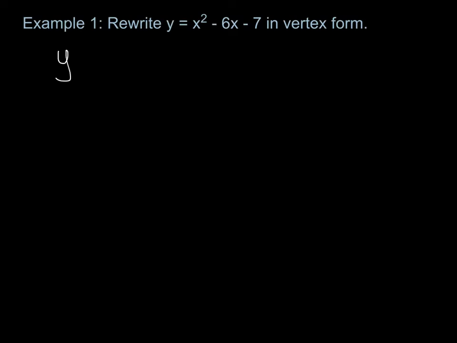So I need to figure out what is required in order to have a perfect square as part of this. So what you want to look at is the first two parts here. And often when I do this, I'm going to make use of some square brackets, partly to help me visualize this, to remember, and it's also going to come in handy on the next example where your a value is not 1.